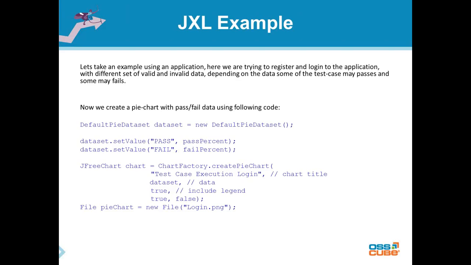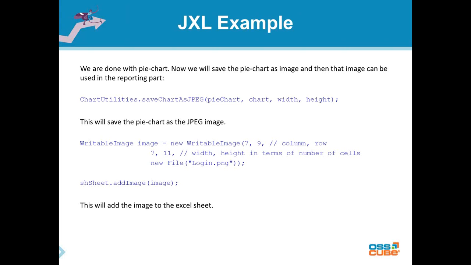Once the pie chart is created, at last I have used File pieChart equal to new File login.png. I have given the name to that pie chart, and that will be login.png. Once I have created the pie chart, I will convert it into an image by using the saveChartAsJPG method from the ChartUtilities class. So this is how we can do that.